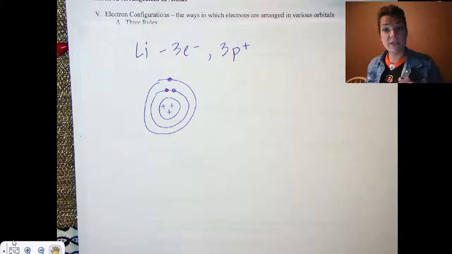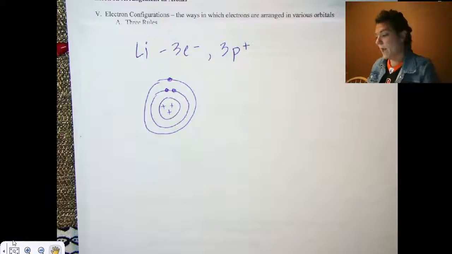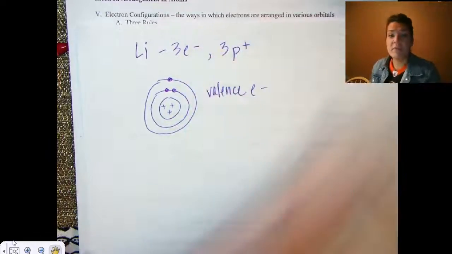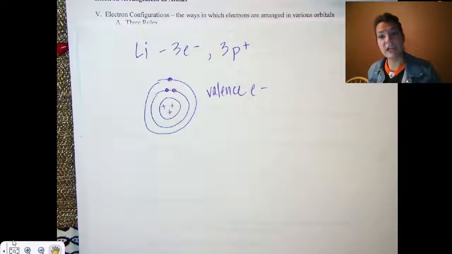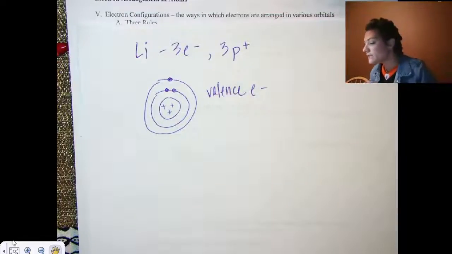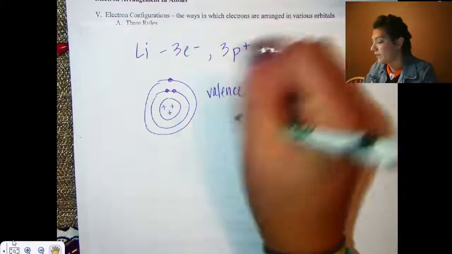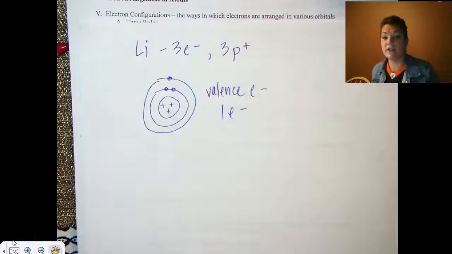If I was to take this one step further, I could say how many valence electrons lithium has. If you remember, the outermost ring specifies how many valence electrons there are. So for lithium, since there is 1 outermost electron, lithium would have 1 valence electron.